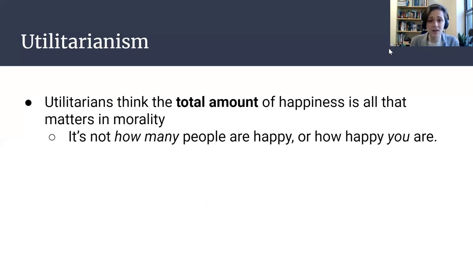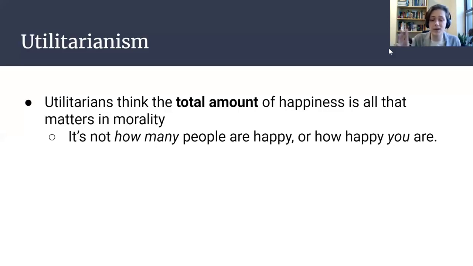Given that choice, let's say you can give 1 point worth of happiness to 3 people, or give 5 points worth of happiness to 1 person. Utilitarian says, give the 5 points to the 1 person. That's increasing the total happiness in the world by 5 points versus only increasing it by 3 points.